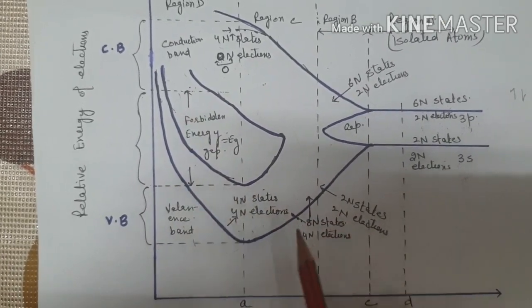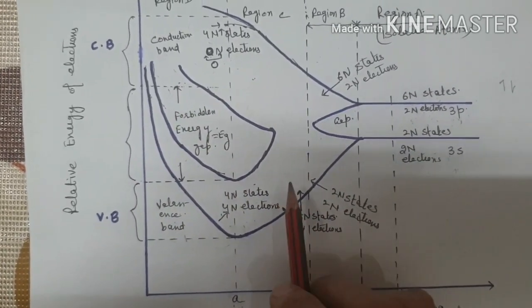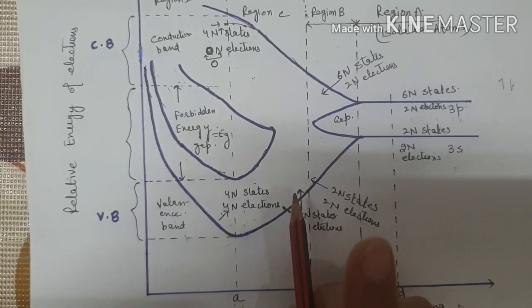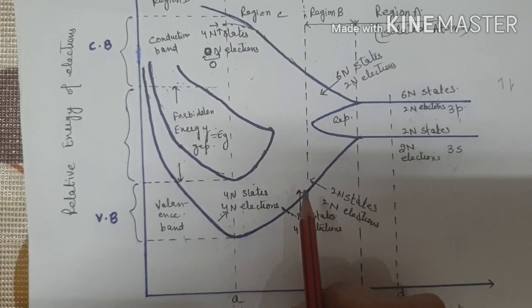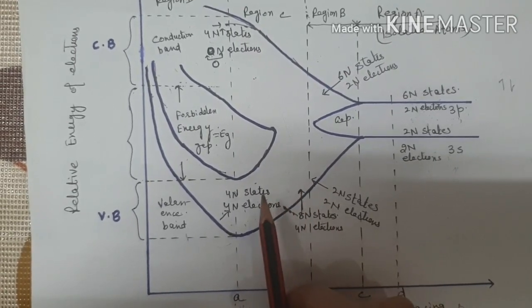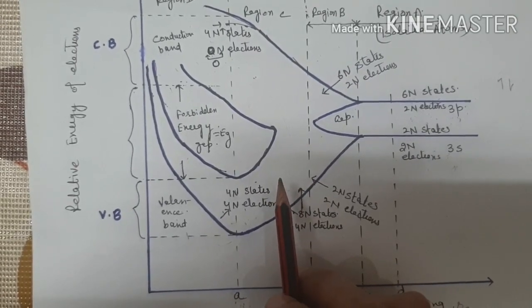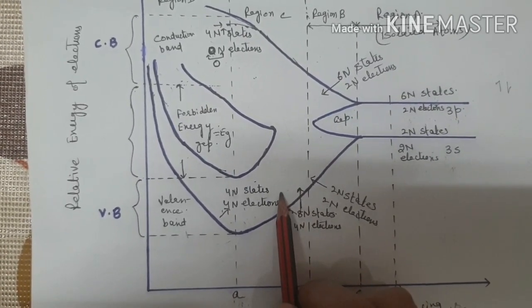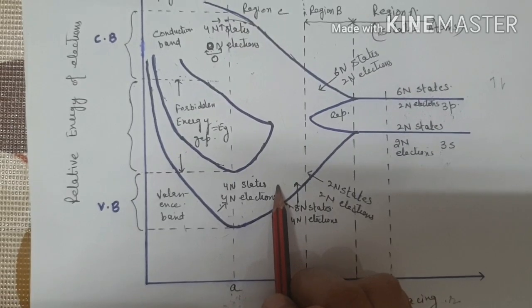We know that according to the Pauli exclusion principle, two electrons with opposite spin can occupy an energy level in a band. So energy levels are occupied by atoms in such a way that the total energy is minimum. If energy is minimum, the system is stable.